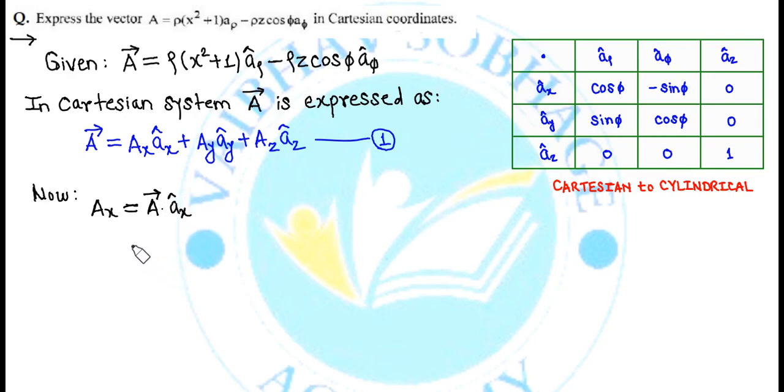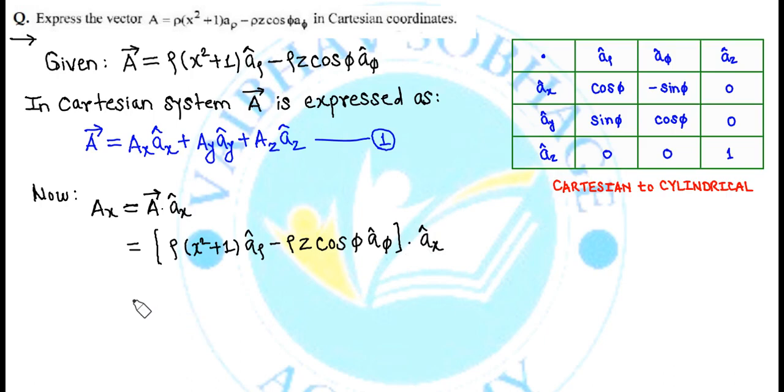Okay, so now we are going to rewrite the given vector A. So what do we have as given vector A? That is rho into (x square plus 1), then a rho cap, minus rho z cos phi a phi cap, having the dot product with x cap.